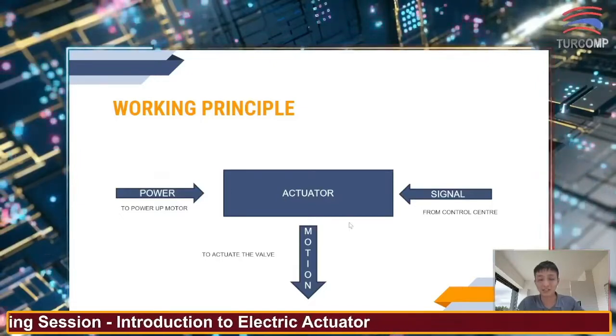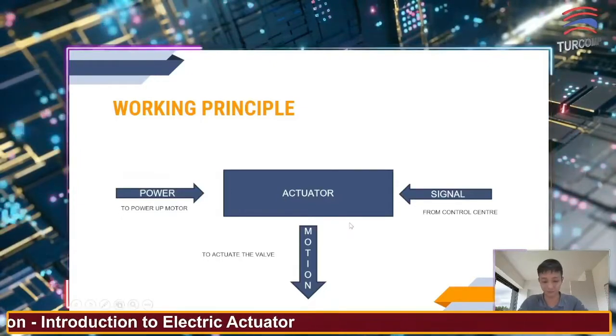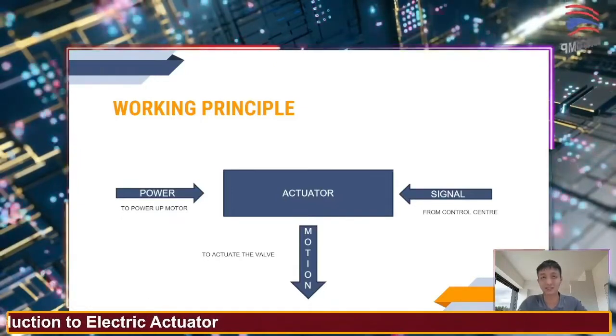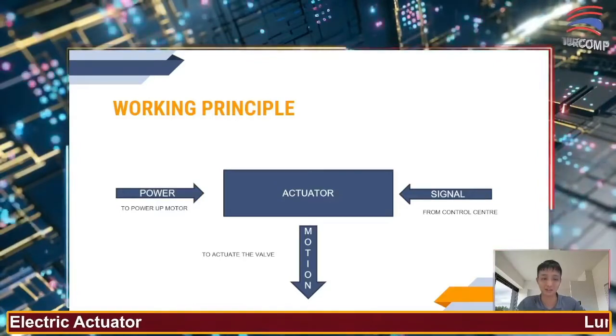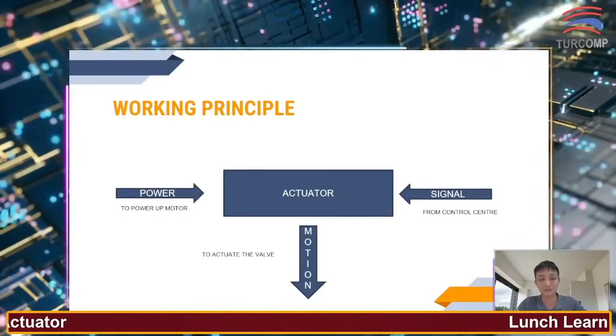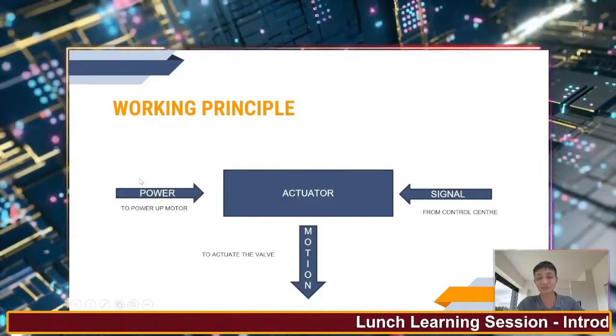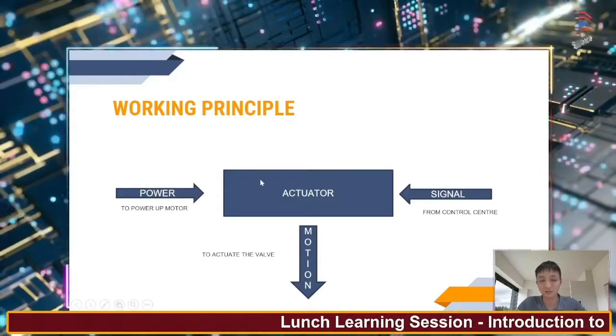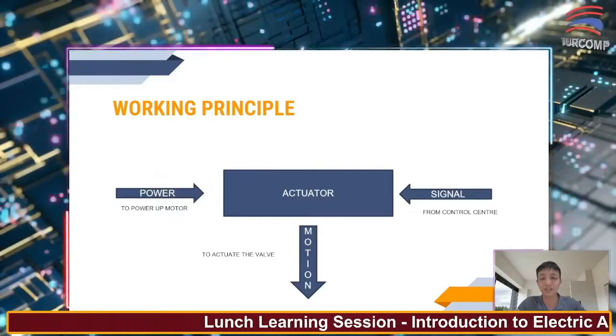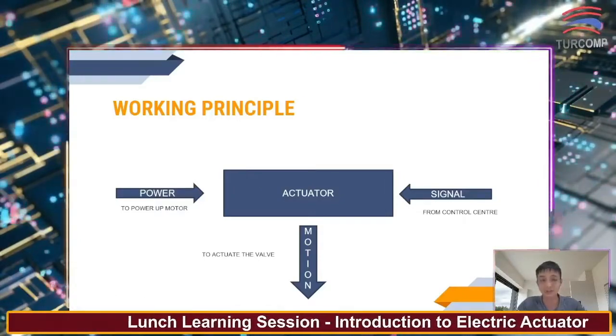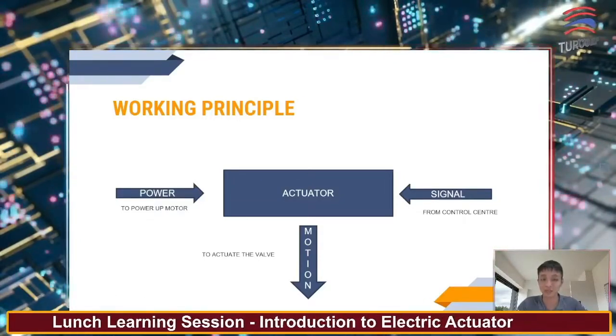Other than the case where we don't have pneumatic air available in the area, if we use the electric actuator, it's very easy to maintain, because you don't need to worry about whether there is any leakage or not, because if we use pneumatic, there will be leakage.